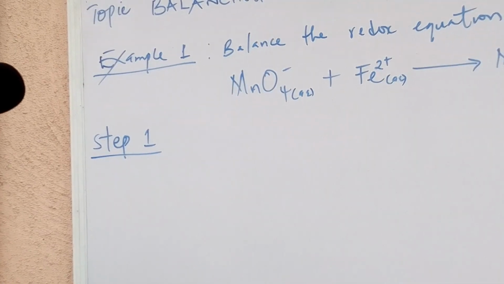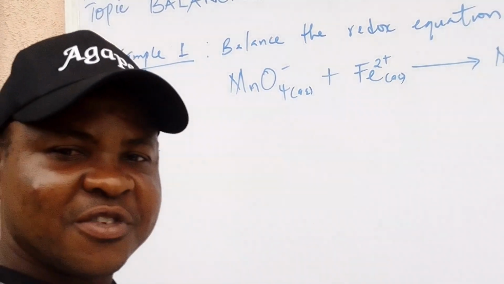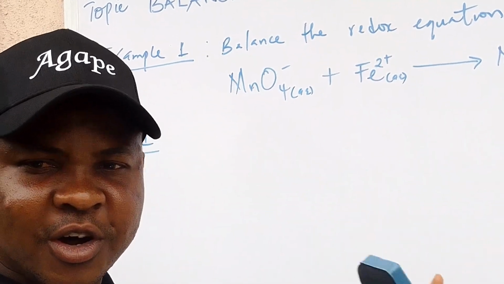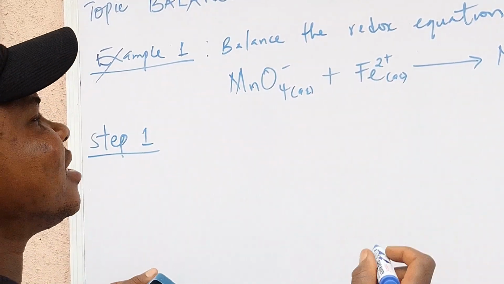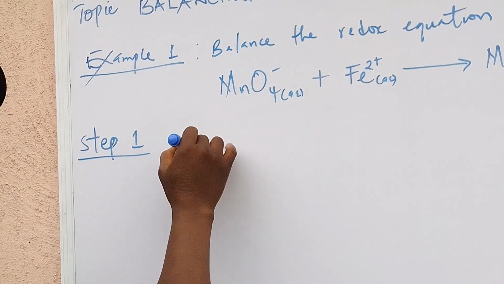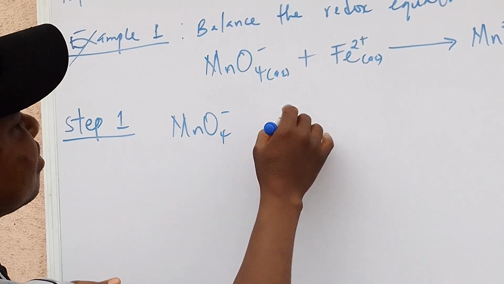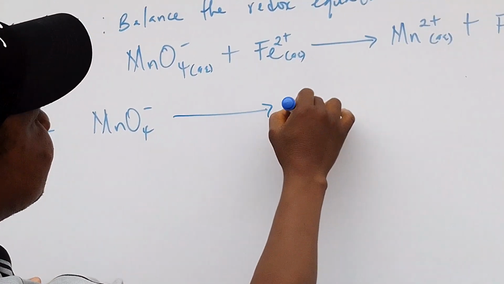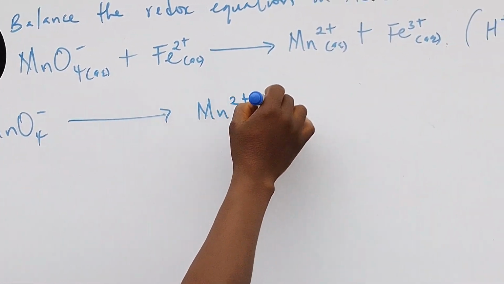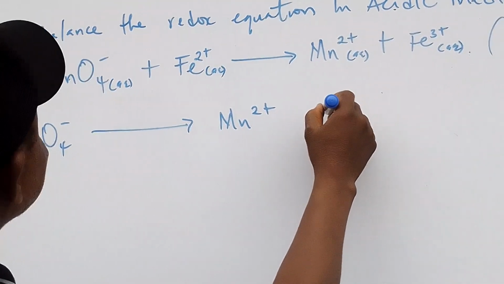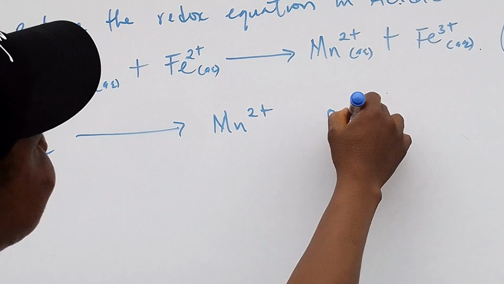Step number one said we need to identify the half reactions of both oxidation and reduction. So let's identify. MnO4 minus yields Mn2 plus. This is reduction. Why is it reduction?